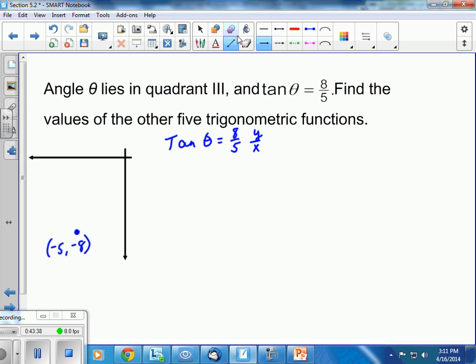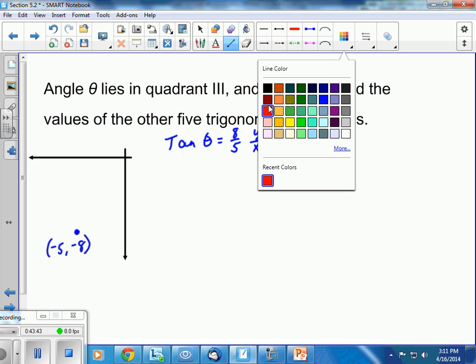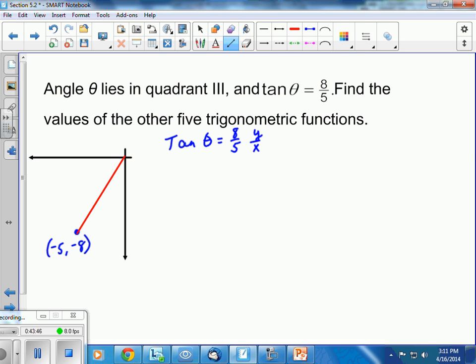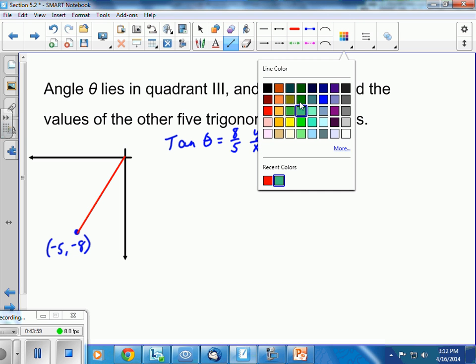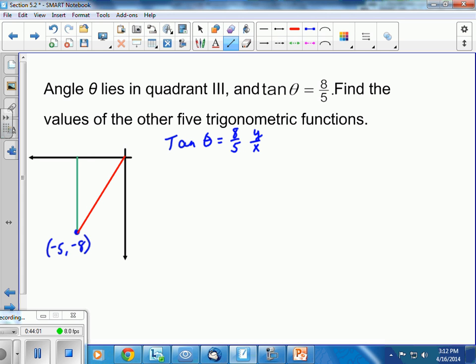So let's grab a line here. My point again there is (-5, -8). Let's grab another line. I have my right angle. Again, my x value is -5. My y value is -8.